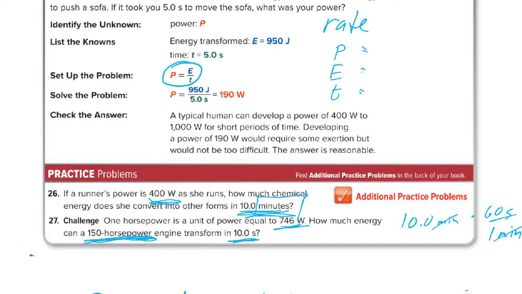You've got to take 150 times your 746 here, because 1 horsepower ends up with a conversion like this: 746 watts per 1 HP.